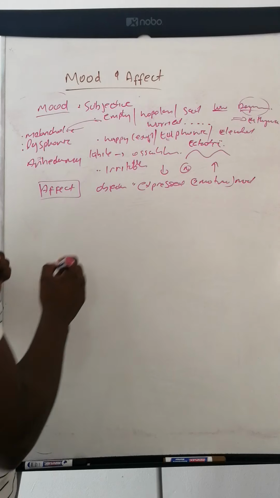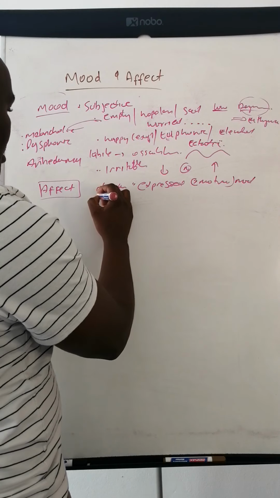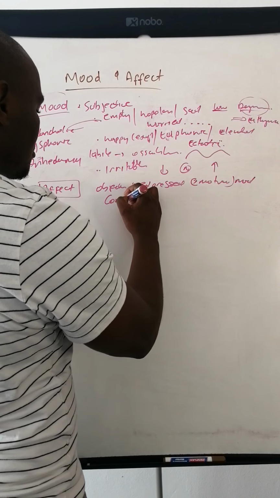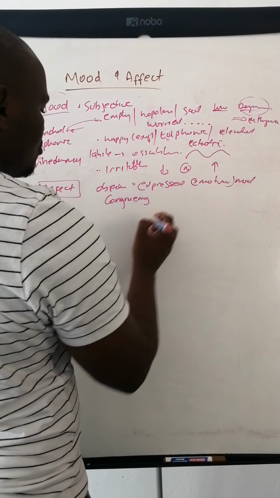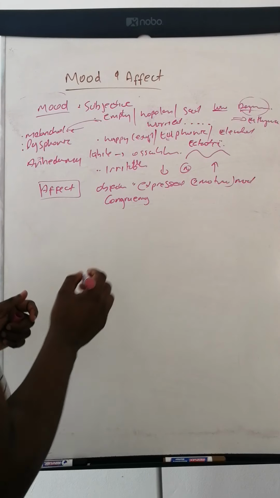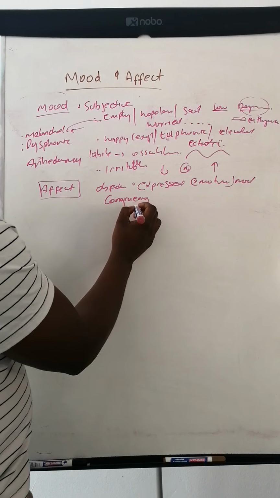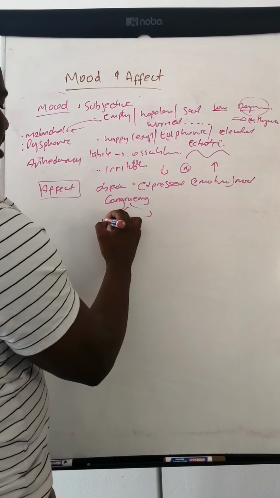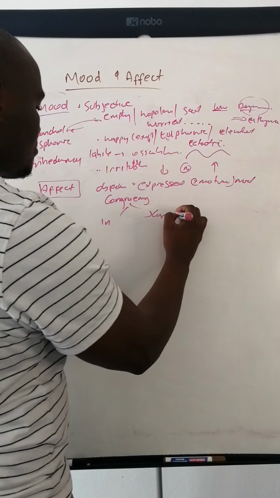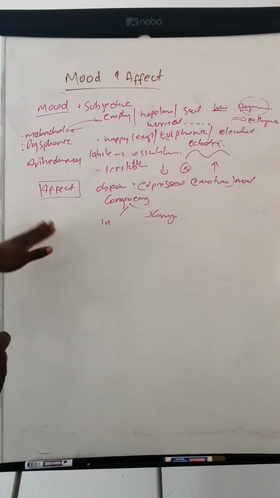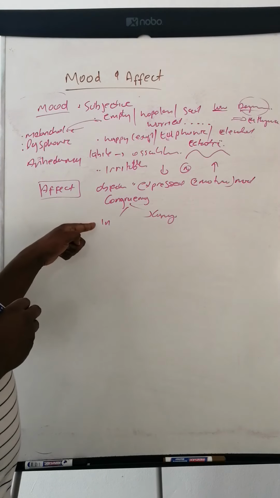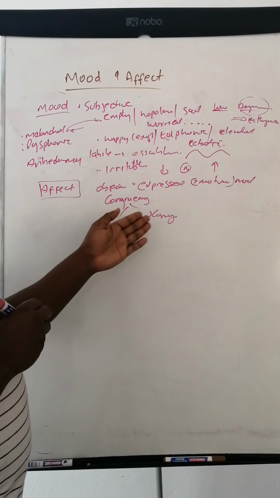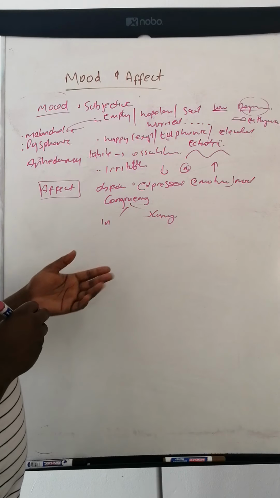Someone's affect can be, first of all, we talk of congruency. What is congruency? Someone's affect can either be congruent or incongruent in relation to the mood.